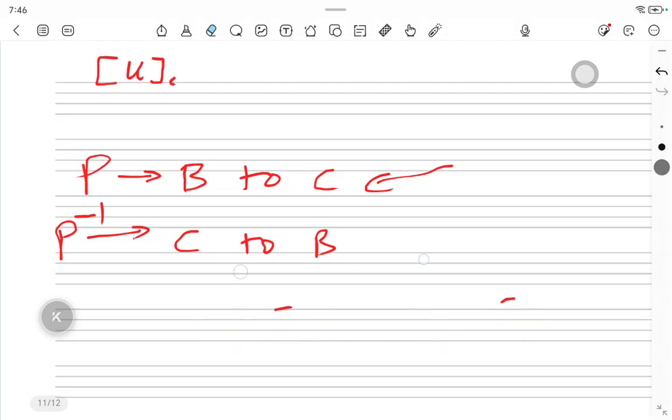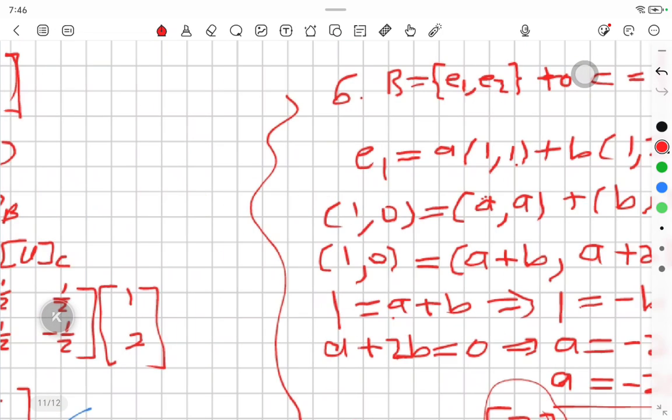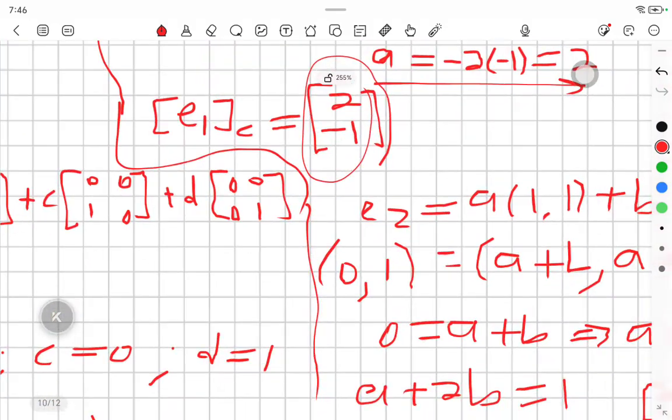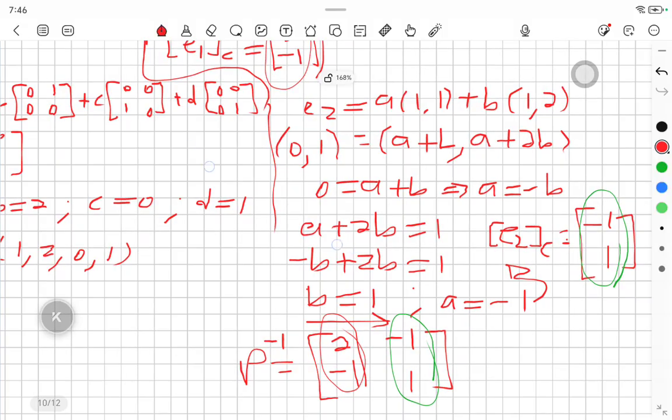So let's try to solve this. UC is also P inverse UB. And this was what? It was 2, negative 1, negative 1, 1. 2, 1.